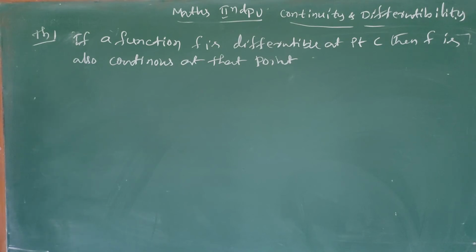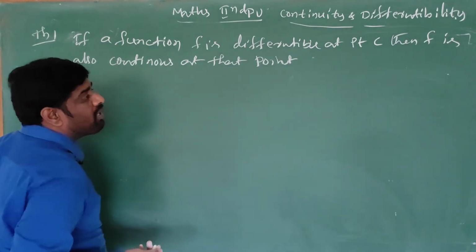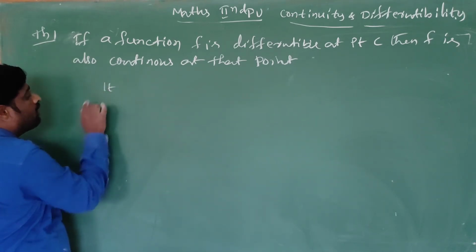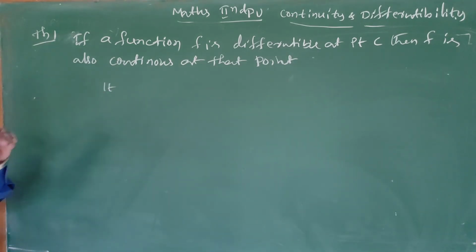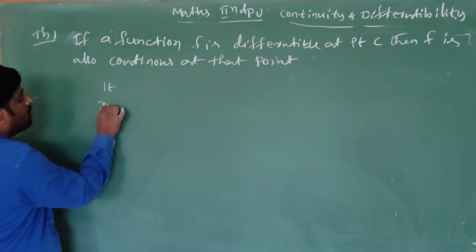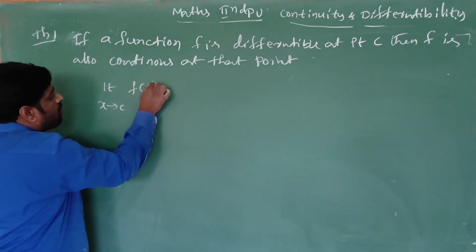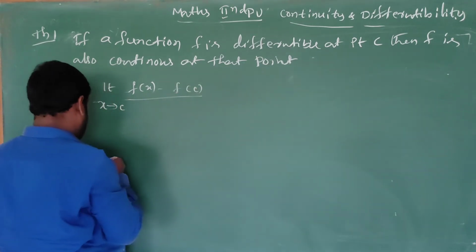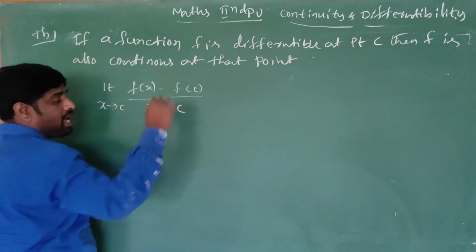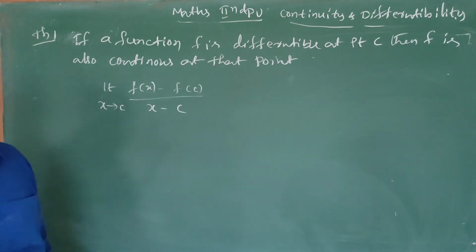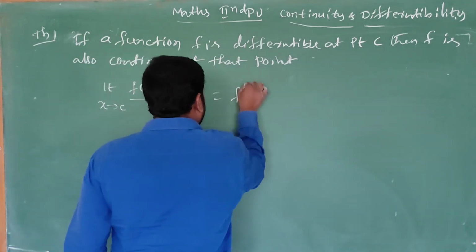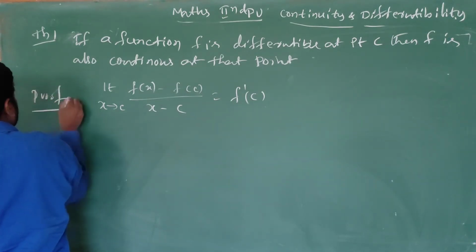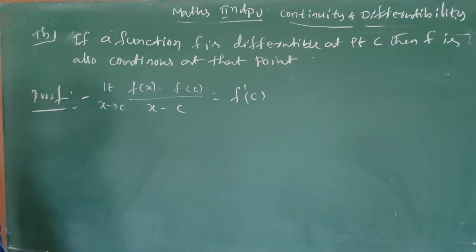That means here you will take the differentiable function: limit x tends to c, f of x minus f of c divided by x minus c equals f dash of c. This is the differentiable function.